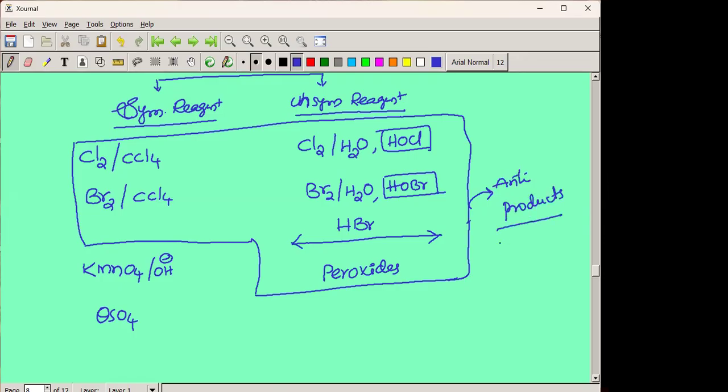So this is anti-addition. Addition is not in the same direction; it happens in the opposite direction.